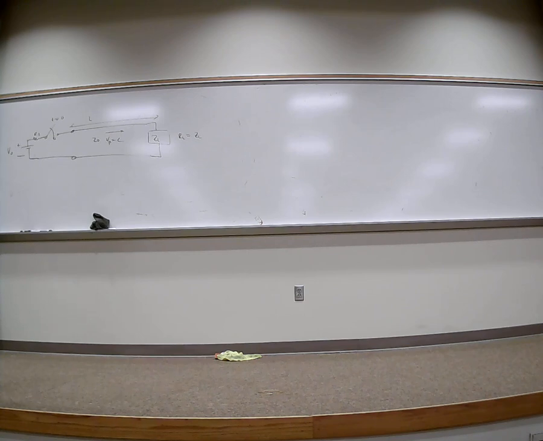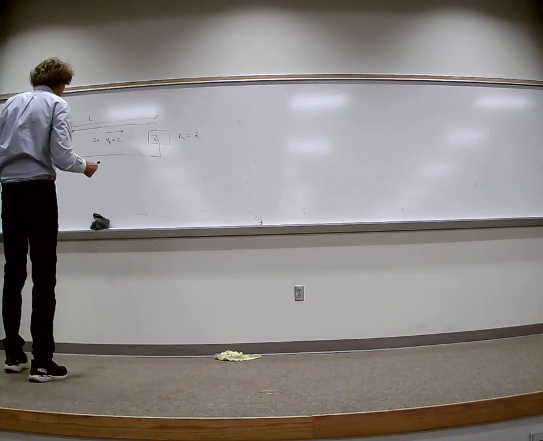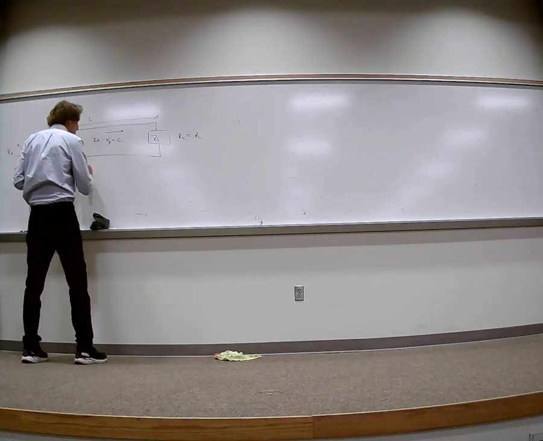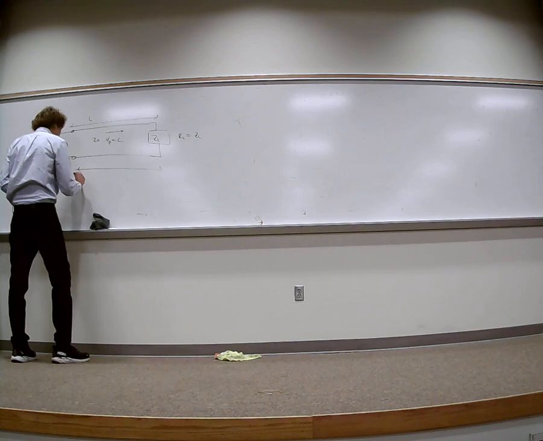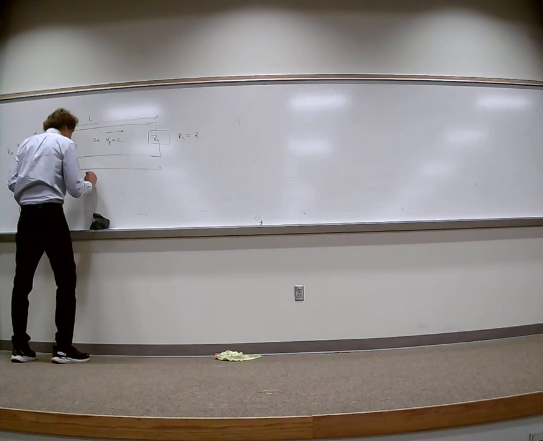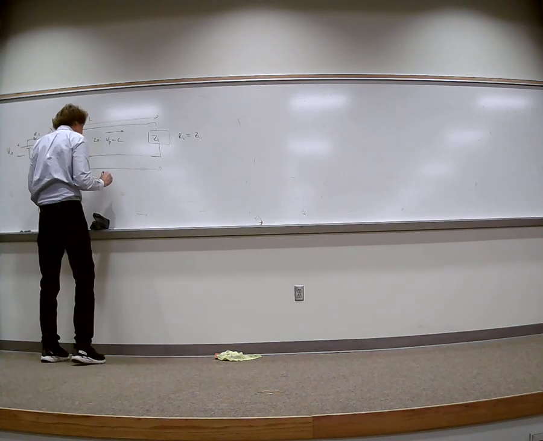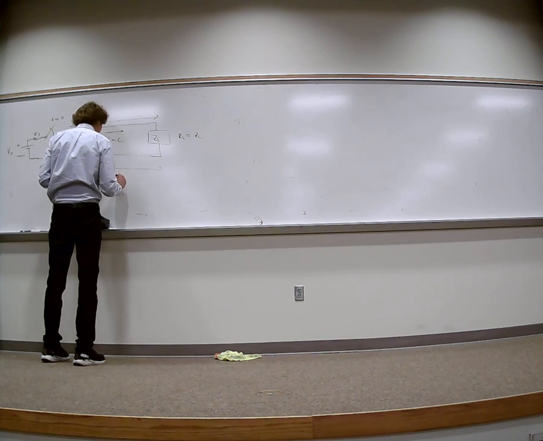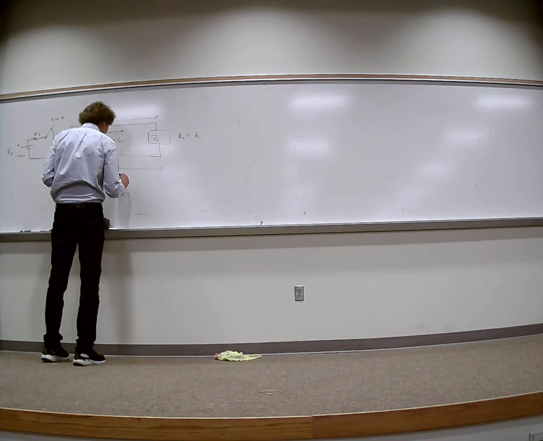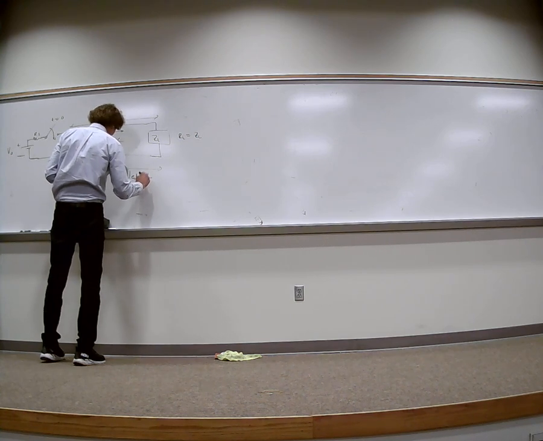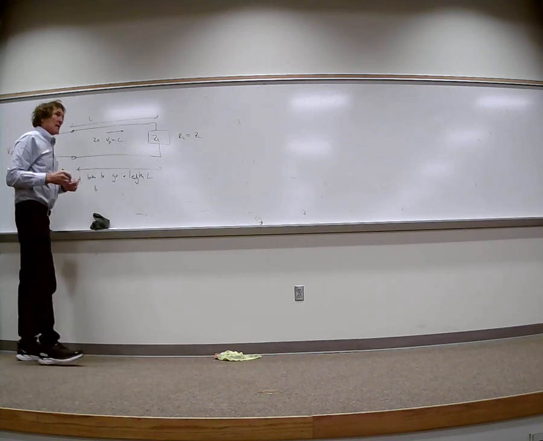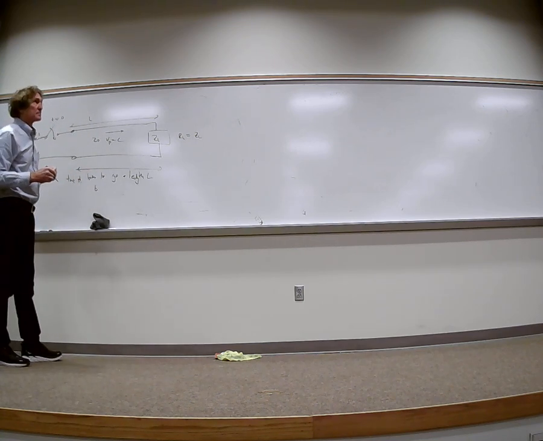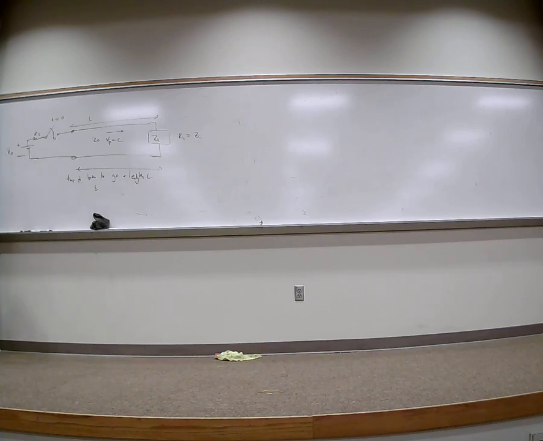Make life easy. So now the next thing we do is calculate the time it takes to go a length L. So that's going to be simple. They call this TL, I forgot what the book calls it, it doesn't matter.